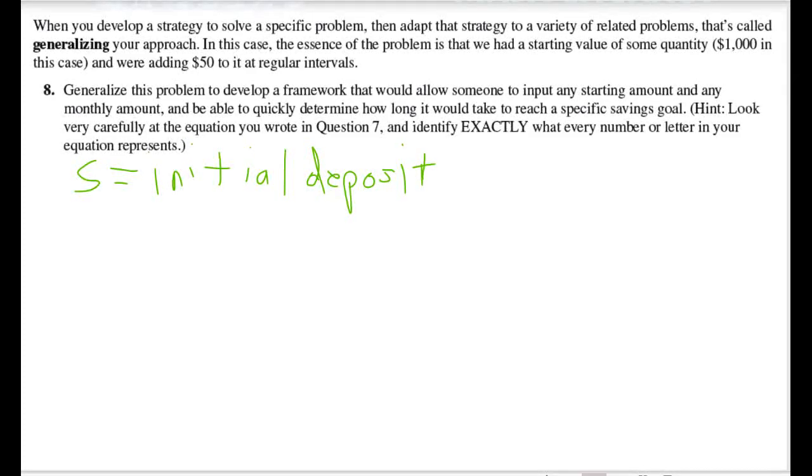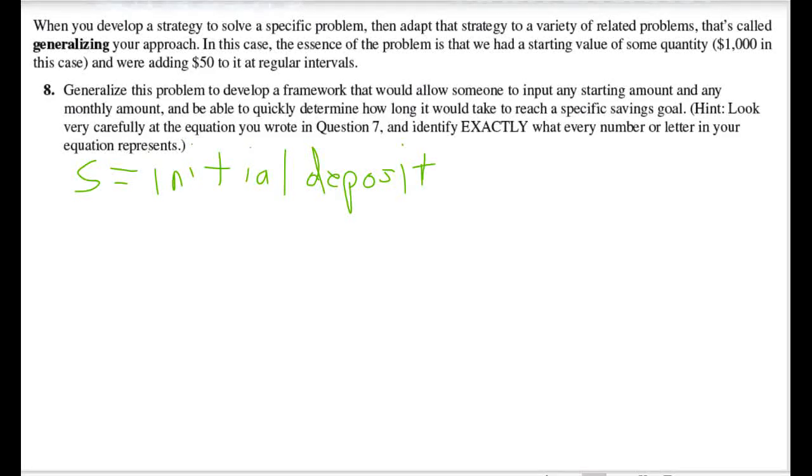Doesn't matter whether you used S or not, that's completely unimportant, as long as you say it refers to the initial deposit, or the starting balance, whatever you want to call it. As long as you identify it, you're fine.